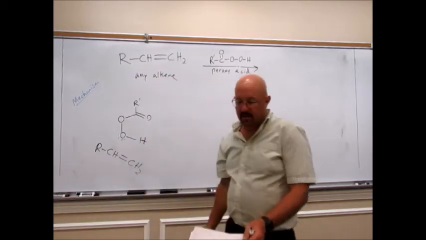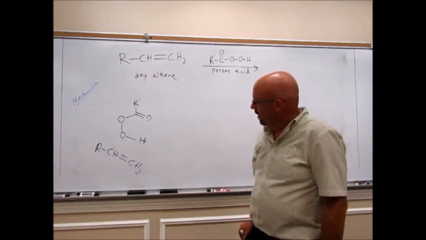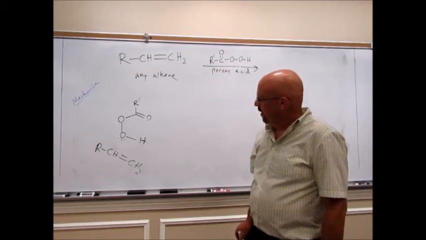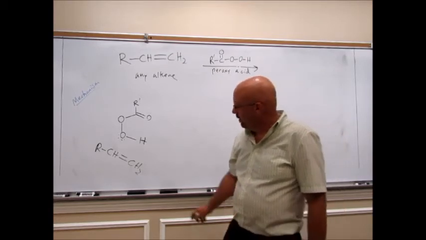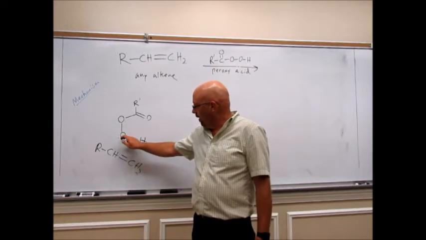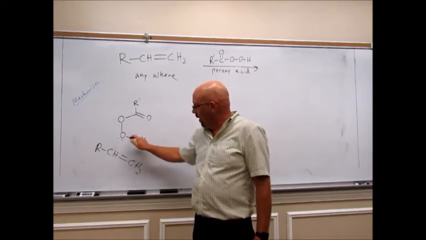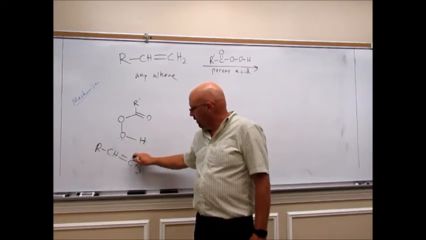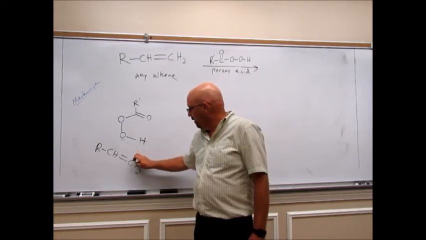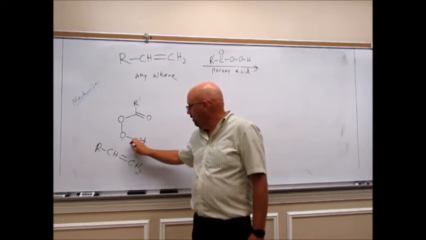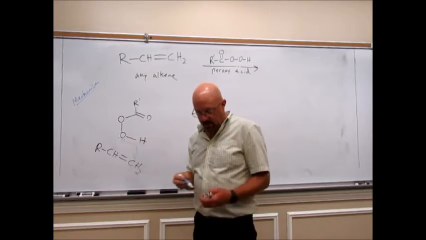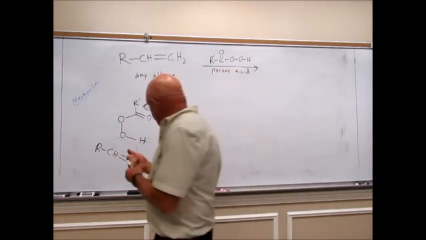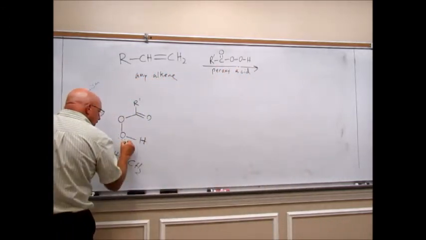Now, like I said, this is complicated. We got arrows going everywhere. We get a lone pair from the OH oxygen. That's going to attack the alkene. I'm going to use the green one. The green one's working better.